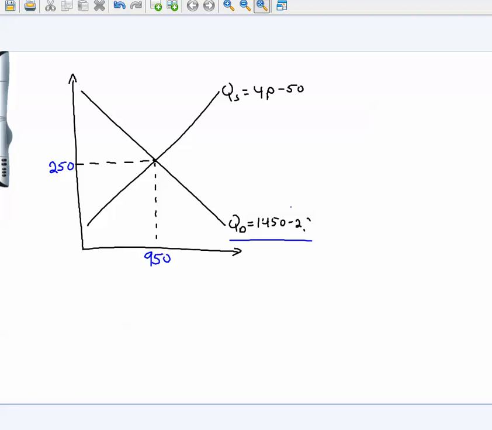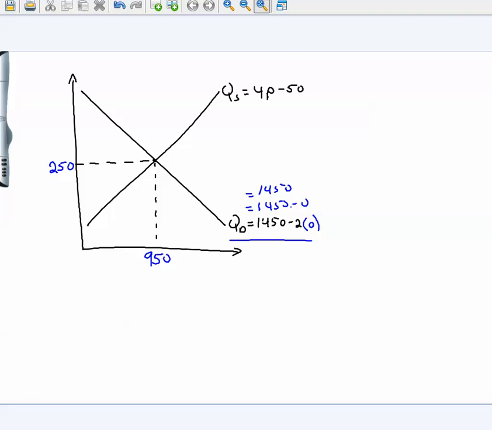I'm not sure. Is it gone? Yeah, I think it is. You set that equal to 0. Then I hope you can see that the quantity demanded would just be 1,450 minus 0. So the answer to number 3 is 1,450.